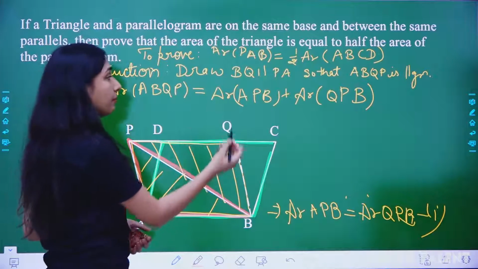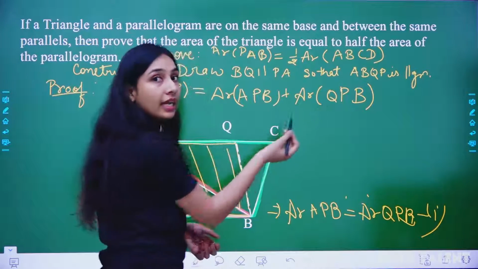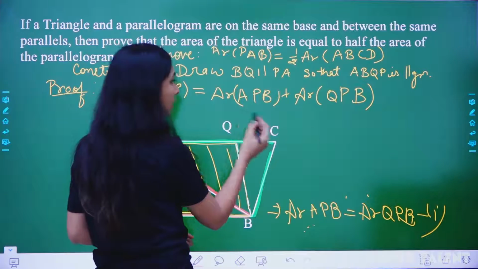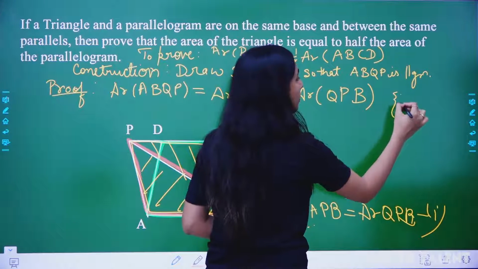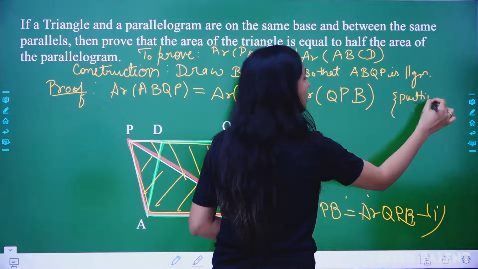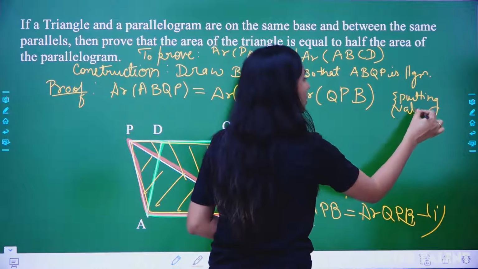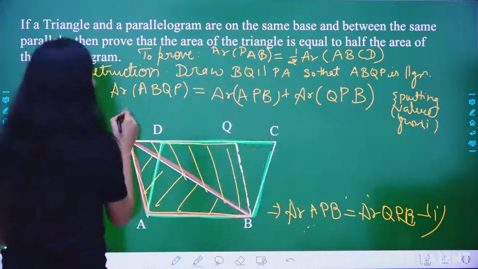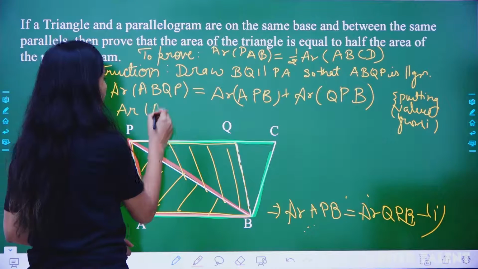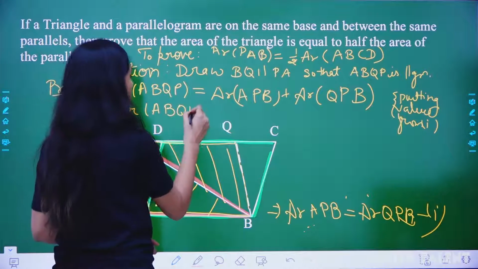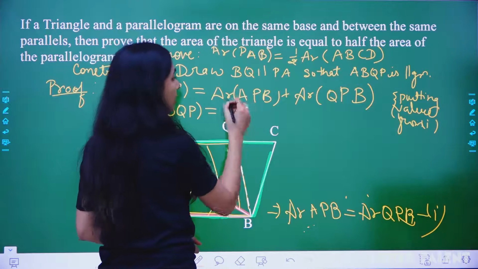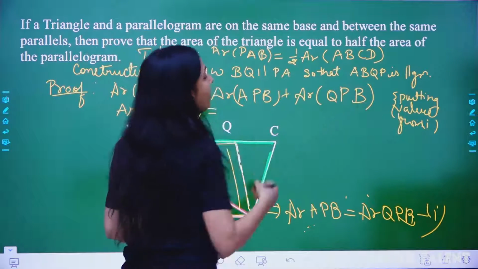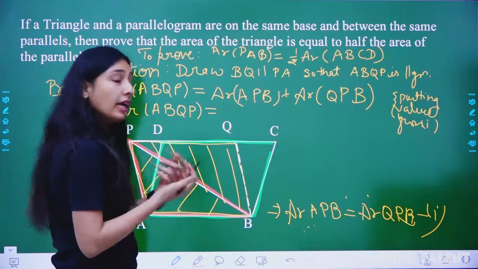So we can write it, but these two areas are equal by 1. Putting values from 1, we can have that this area ABQP is equal to area APB, and this QPB is also equal to area APB.